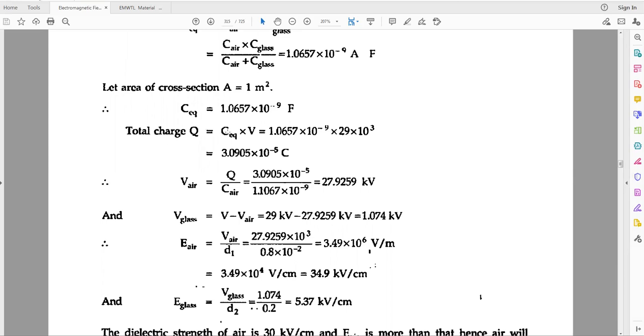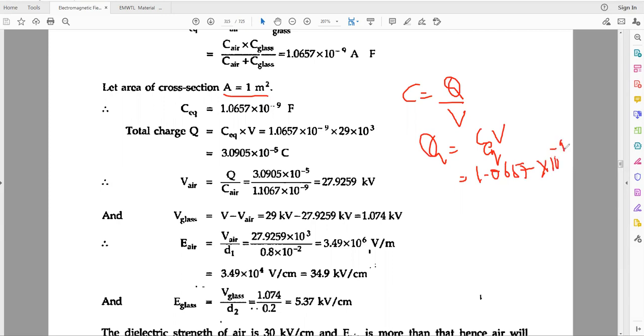The total charge Q: C is equal to Q by V, you know the formula, so Q is equal to C into V. With C equivalent as we got, assuming the area is 1 meter square, and the voltage of 29 kilovolts applied, that is 29 times 10 to the power of 3, we get the charge as 3.0905 times 10 to the power of minus 5.